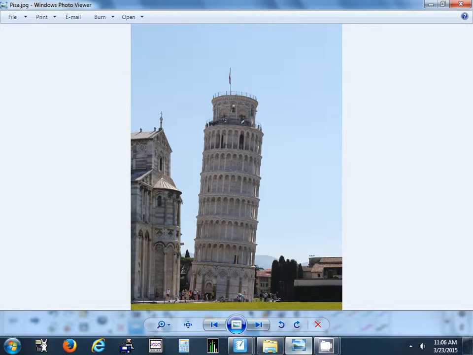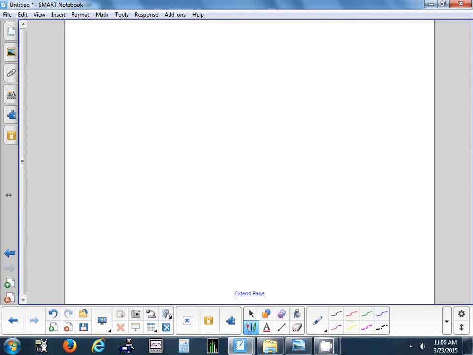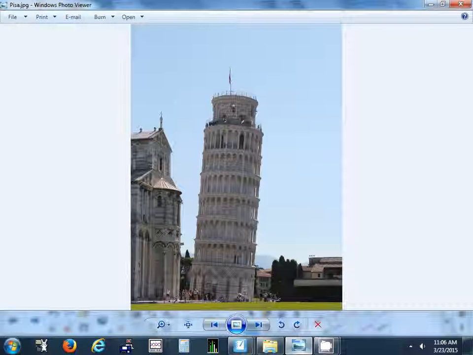If we were to try to make a triangle to solve this, we'd have something that would look kind of like this. That would be our tower, and that's a line going down the middle.